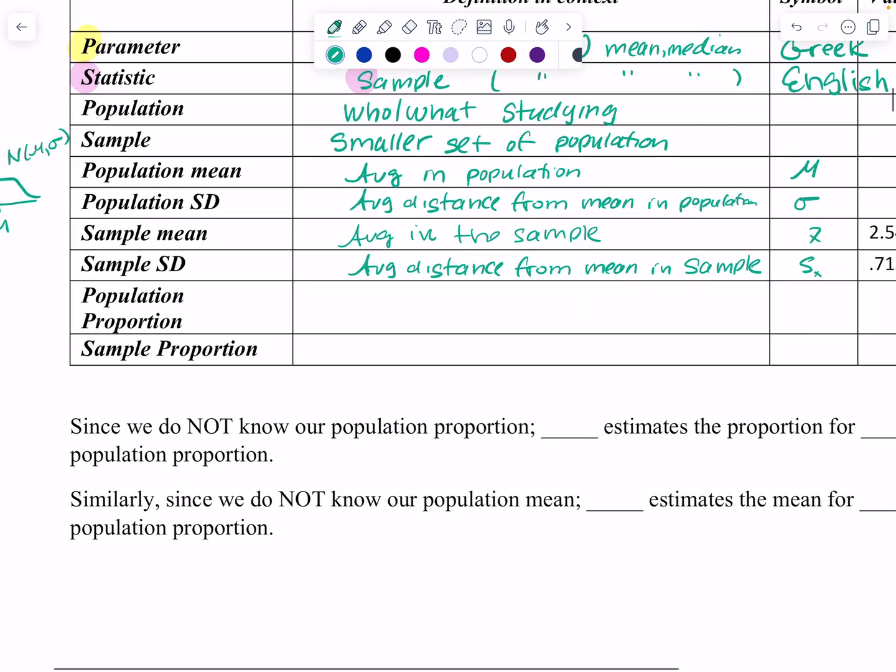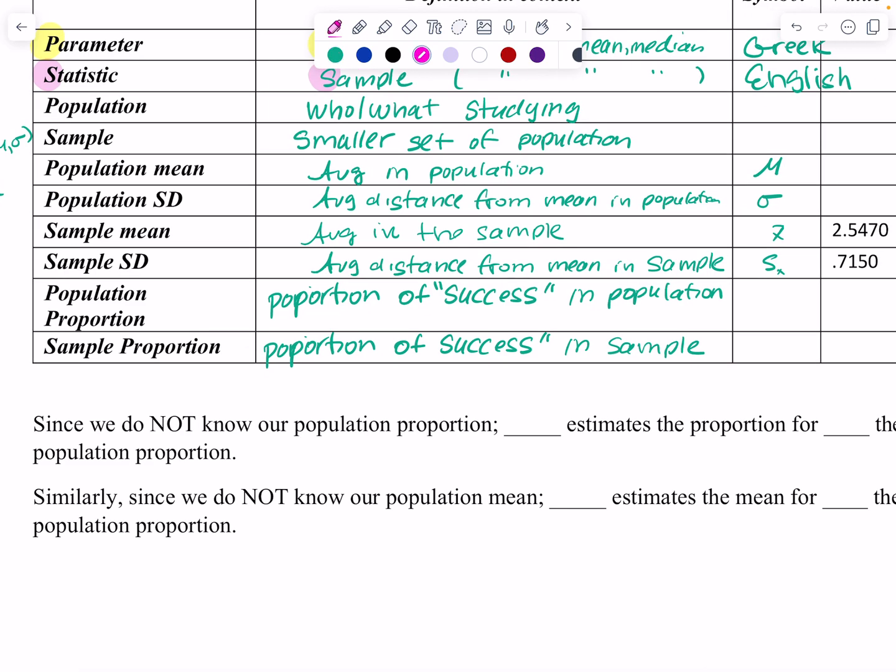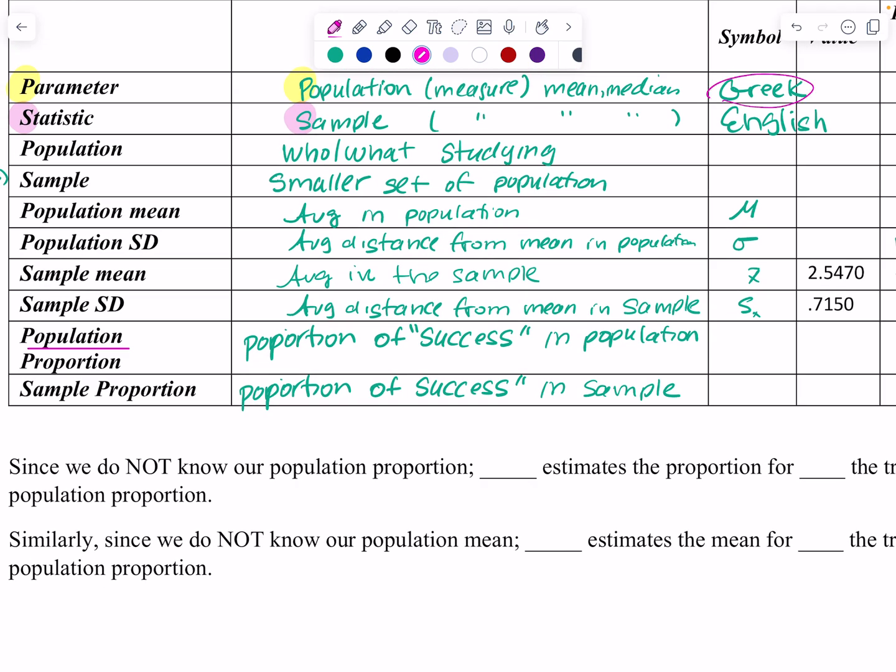Okay, population proportion is going to be the proportion of success, you could say, which you've already talked about in binomial, in the population. And the sample proportion is, of course, in my sample. Now, this is your exception to the rule, where I told you all the letters that are parameters are Greek.